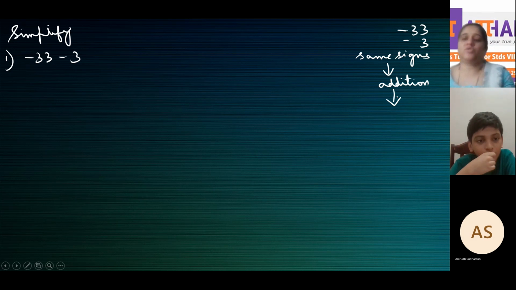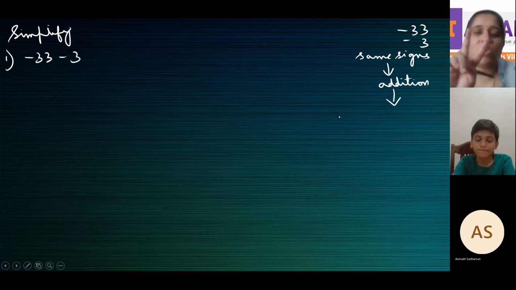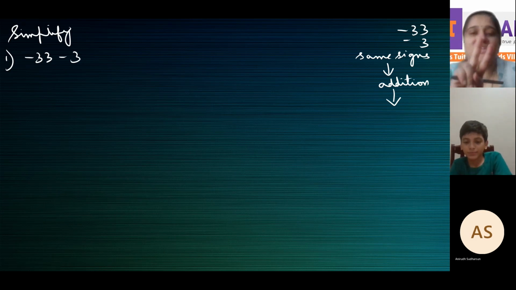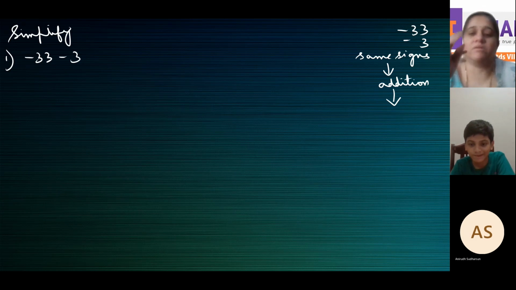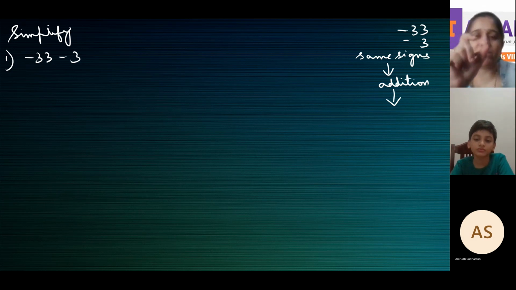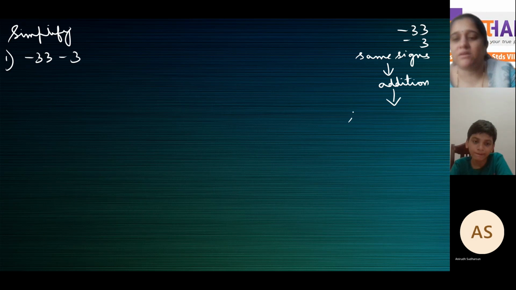Same signs. So what is the operation? Addition. The answer always has two parts, sign and the number. What is a sign? What is a number? With addition, you'll get a number as an answer. What is the sign?